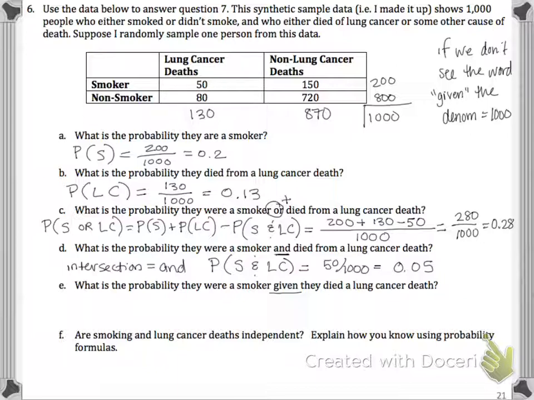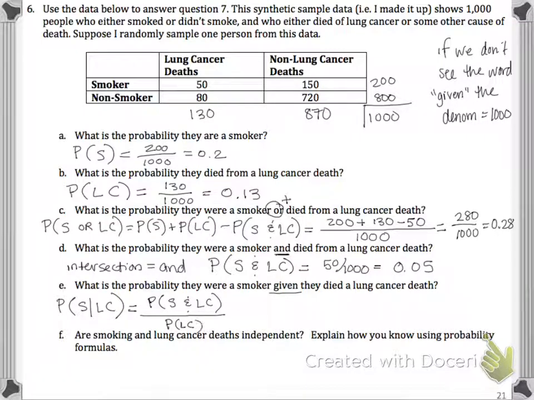So then we keep working. We've got, what is the probability they were a smoker given they died a lung cancer death? If we use our formula, that means that the numerator needs to be they were a smoker and died from lung cancer. And the denominator is the event that was the given statement, or the thing that quote-unquote came first.